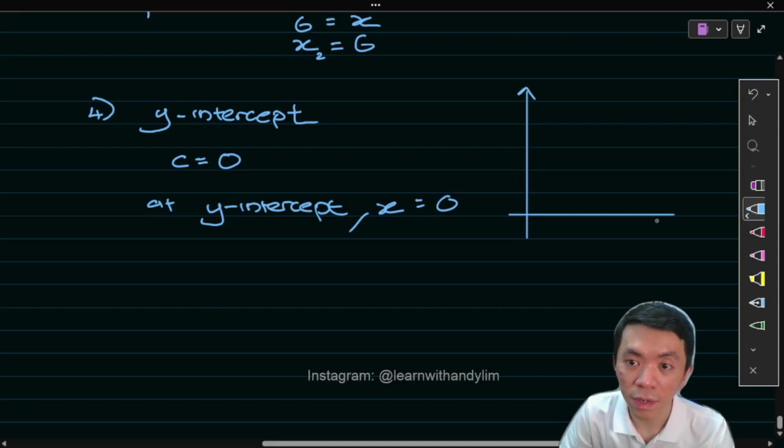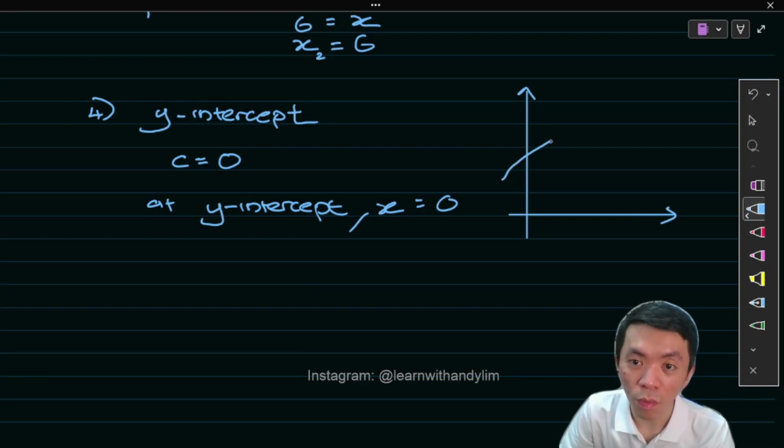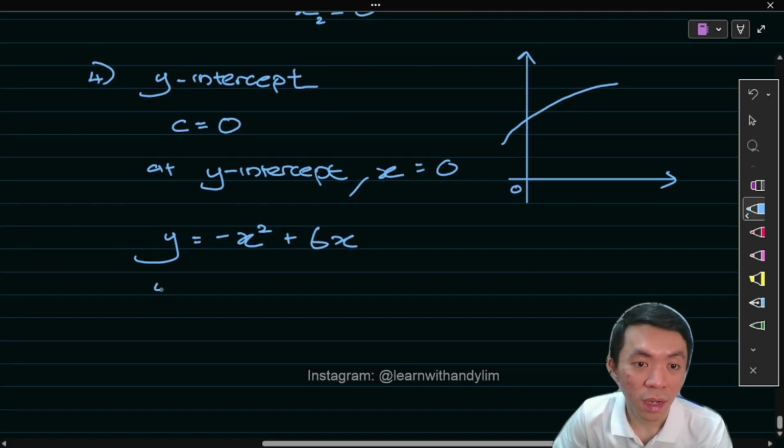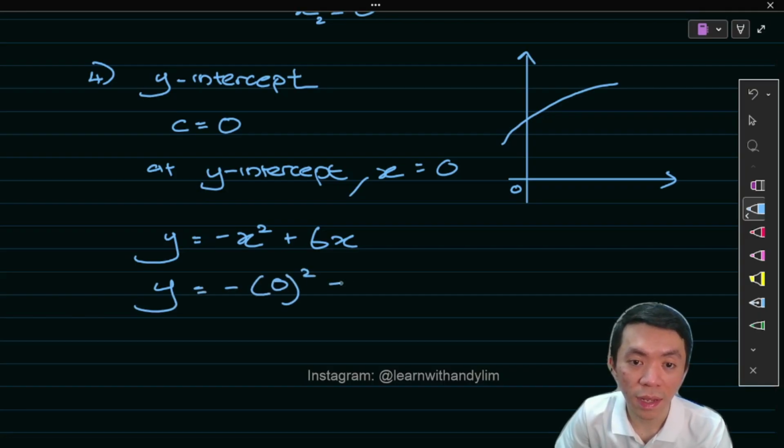Whenever my curve crosses my y-axis, my x will always be equal to 0. So when my x is equal to 0, I can substitute x equal to 0 into my general equation. Y equal to negative x squared plus 6 multiplied with 0.